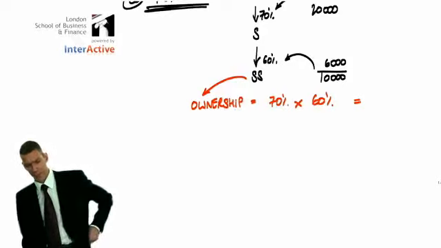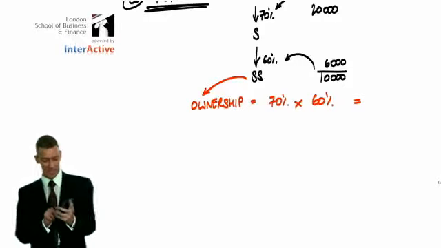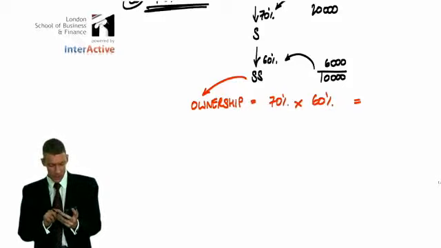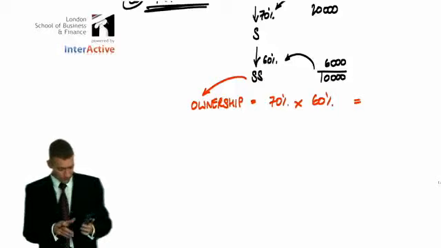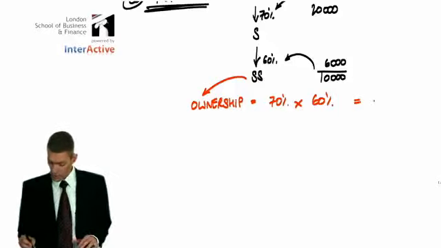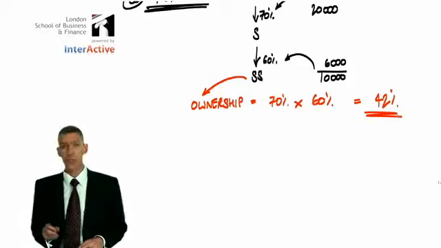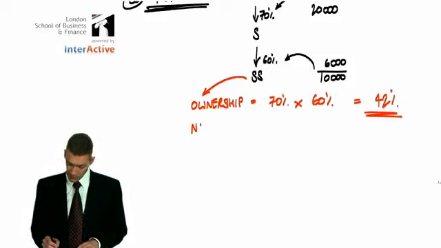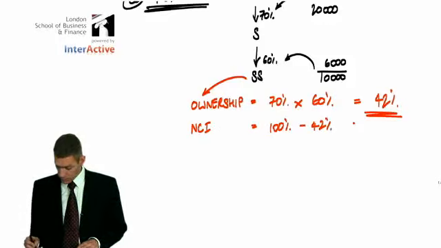So, yeah, 42, I think. But I'm going to check it with my trusty Casio. So 0.7 times 0.6 is 0.42. So 42%. My brain must have been in a barrel there for a moment, but it seems to have come alive thanks to trusty Casio. So our ownership is 42%, and therefore our NCI is 100% minus 42%, which is 58%.